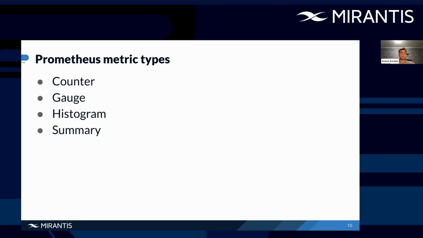It's highly recommended not to use a counter to expose a value that can decrease, because it makes no sense, obviously. For example, do not use a counter for the number of currently running processes, because there could be more of them or fewer of them in different time periods. For the scenario when you need to expose the metric of currently running processes, it's better to use a gauge.